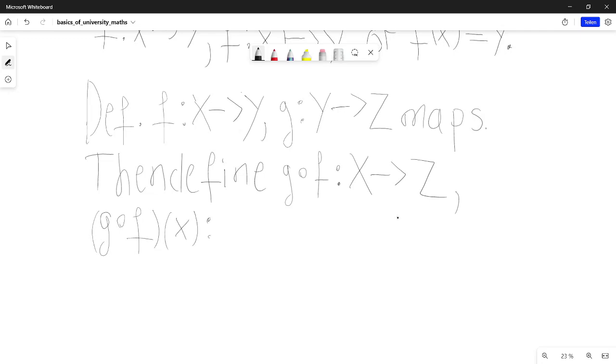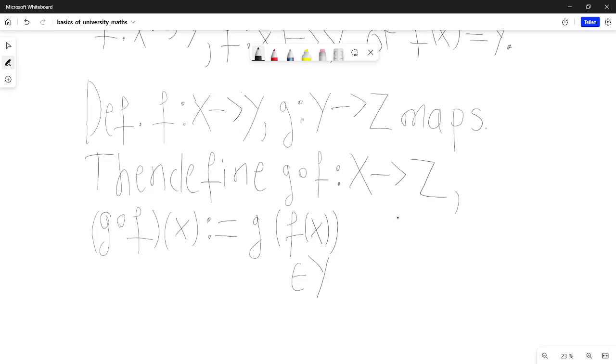And to just define it, recall that is the definition, that we first apply our map F. So don't be confused by this notation. Here we have just the application of our map F to X, right? This gives us some element of Y, just by definition of the map F. And what is happening here?